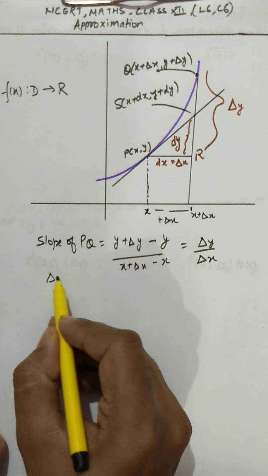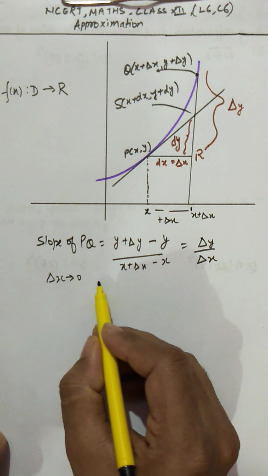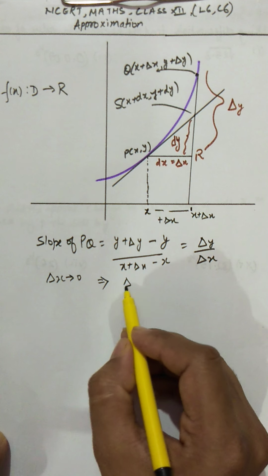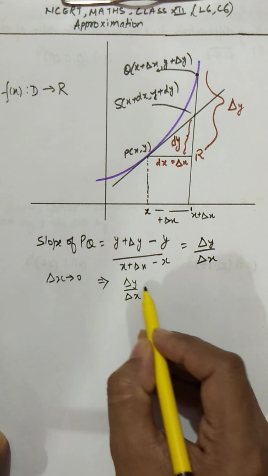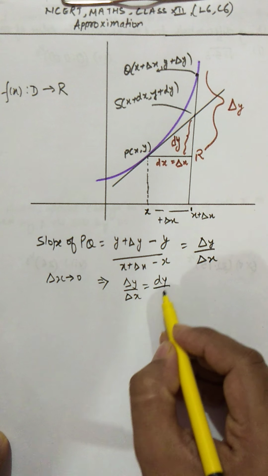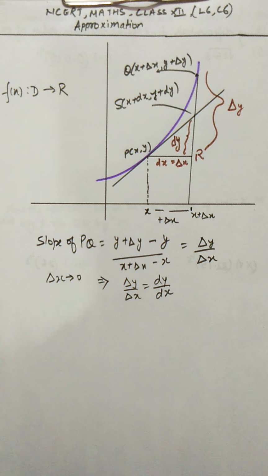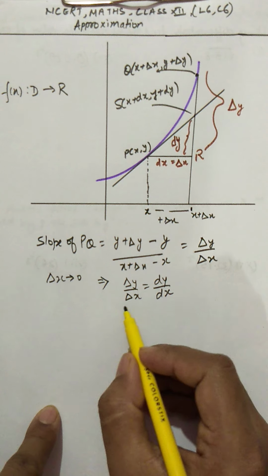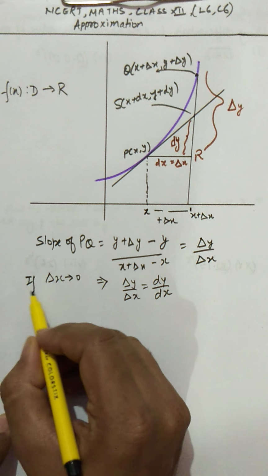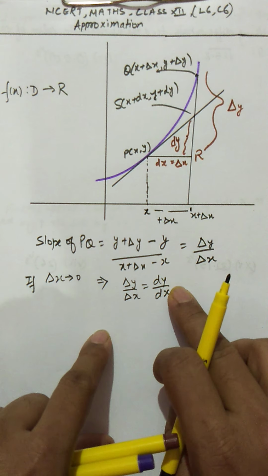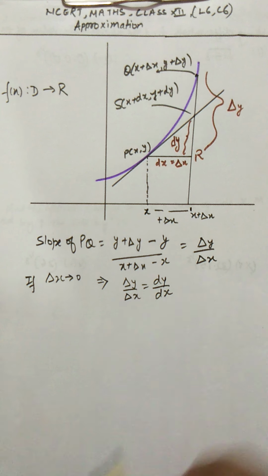So if I take delta x tends to 0, what will happen? If delta x tends to 0, delta y upon delta x is going to be dy by dx.